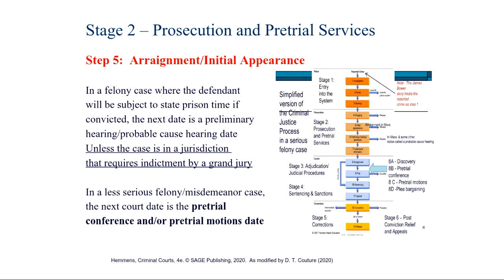If the case is not a serious felony, in other words, it's not only punishable by state prison time, then the next step after the initial arraignment is going to be the pretrial conference, skipping 6, 7, and 8 and jumping to 8A and 8B.